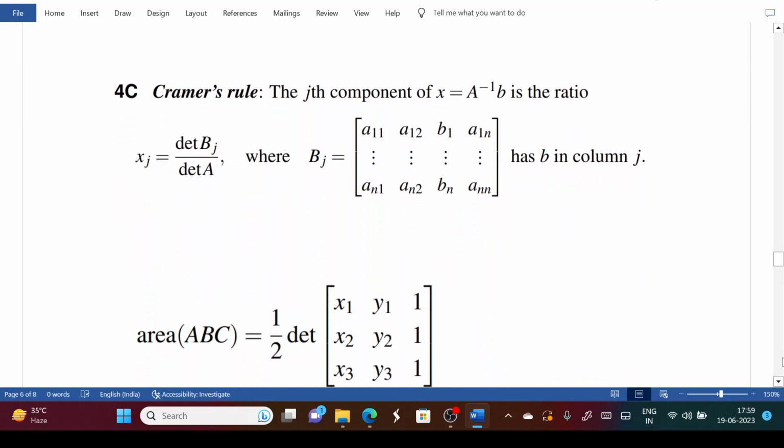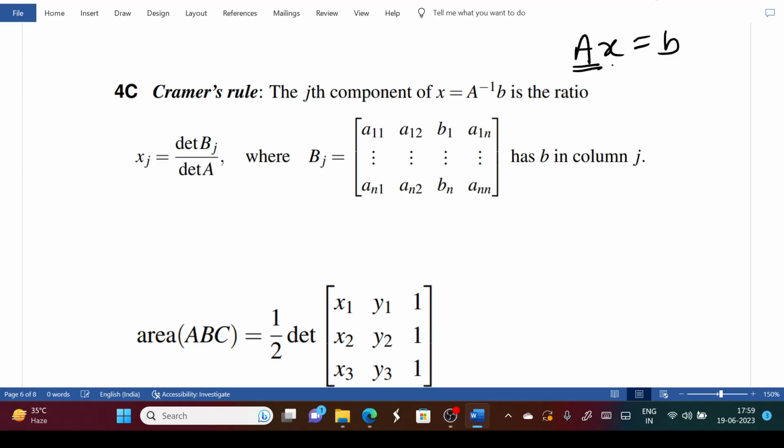Cramer's rule. Here what happens? We have the coefficient matrix. Suppose here Ax is equal to B. So A is the coefficient matrix, and its determinant is being obtained.